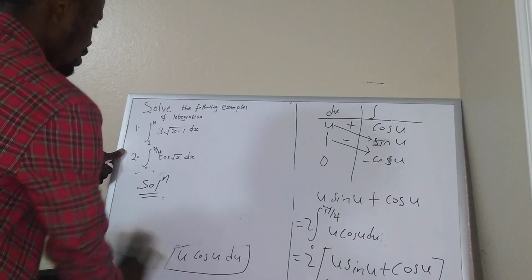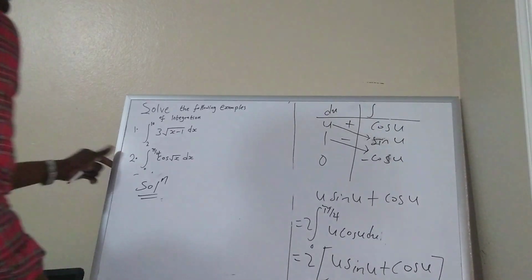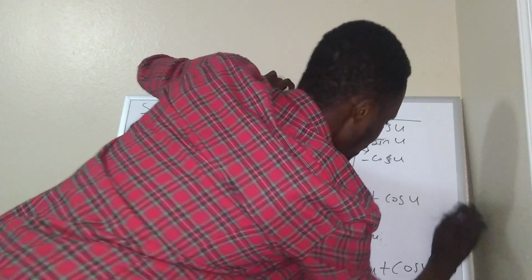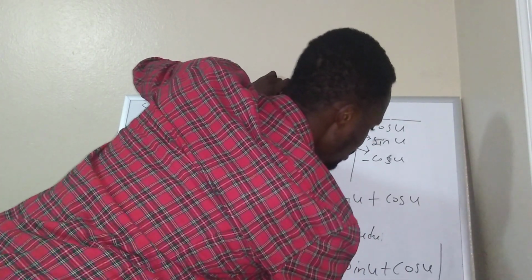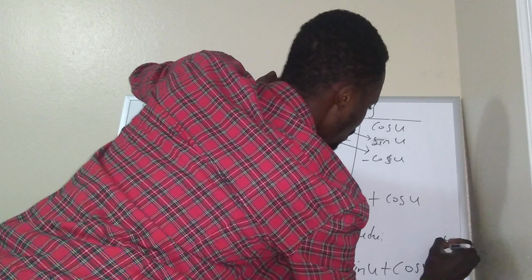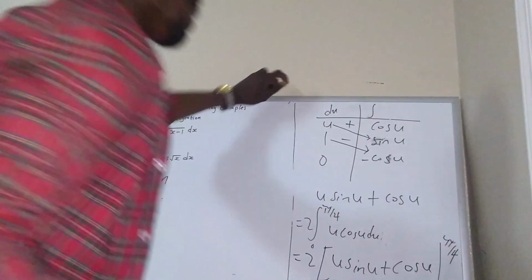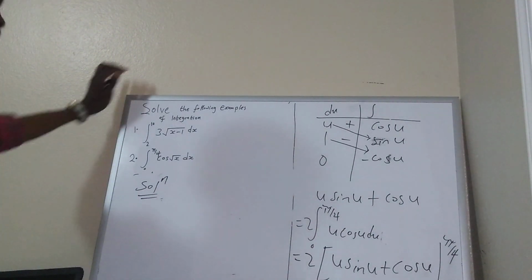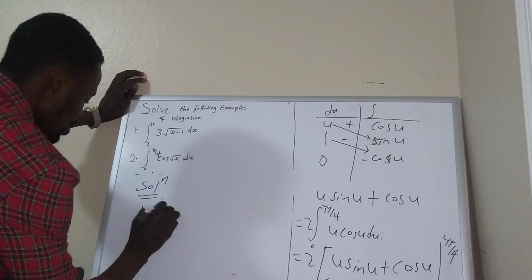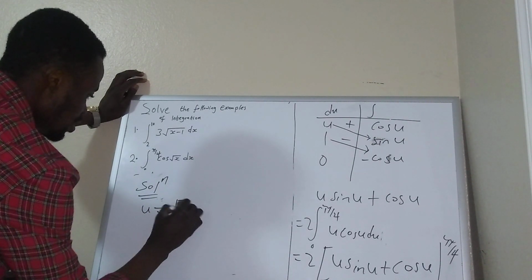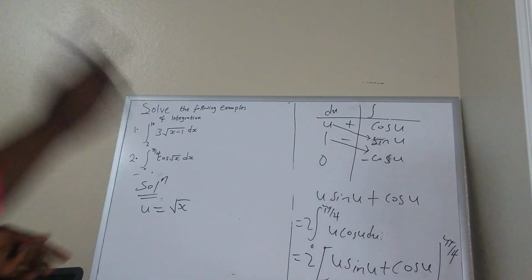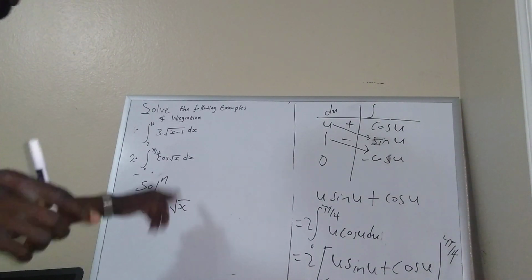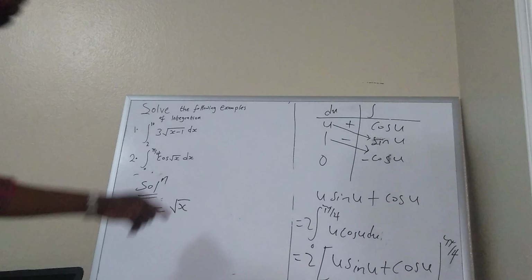From here you can put in your u. Sorry, we didn't bring the limit. The limit is supposed to be here, 0 to pi on 4. Okay, that's our limit. We started by saying that our u is equal to root of x, so wherever you see u, you put in root of x.